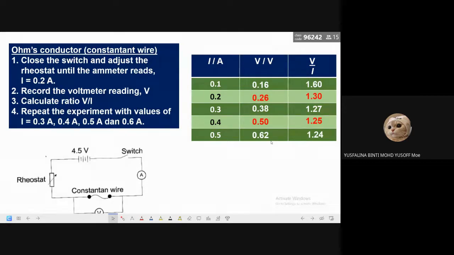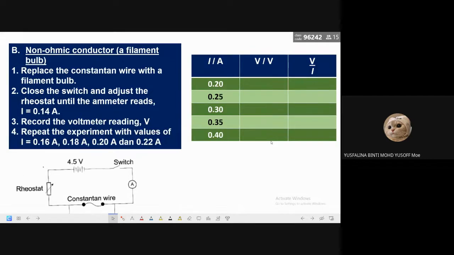This is for the Ohmic conductor, and this is for the non-ohmic conductor, a filament bulb. Why is it non-ohmic? We don't use this bulb anymore; now we are using LED, right?